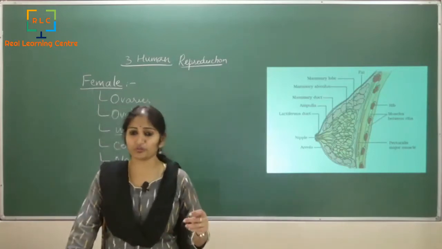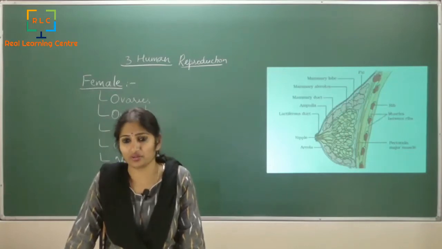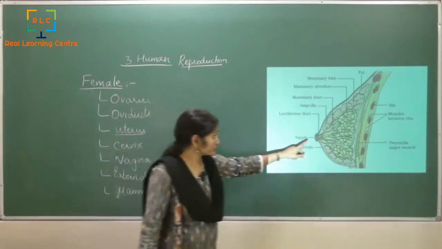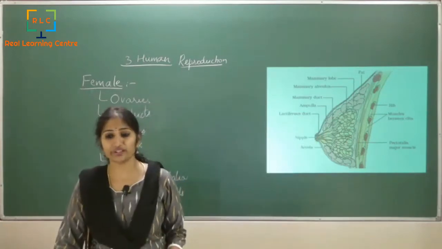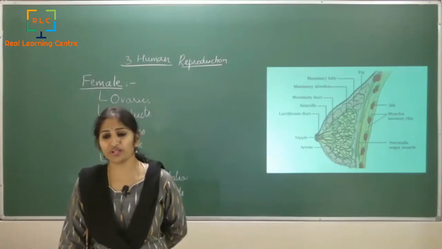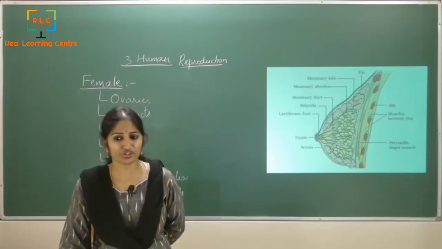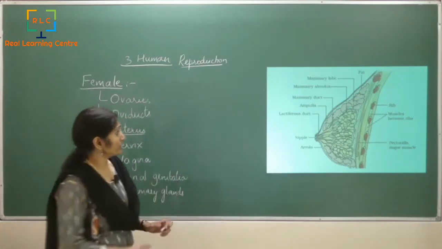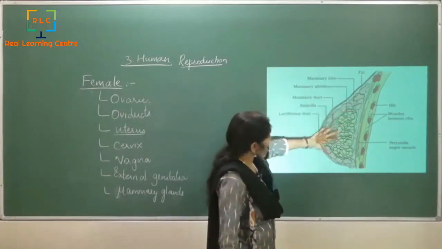Very important glands, because these are the ones which produce the milk, through which the milk is produced and comes out. Then you also see that there is a variable amount of fat present. On an average, there are lobes which are called the mammary lobes.